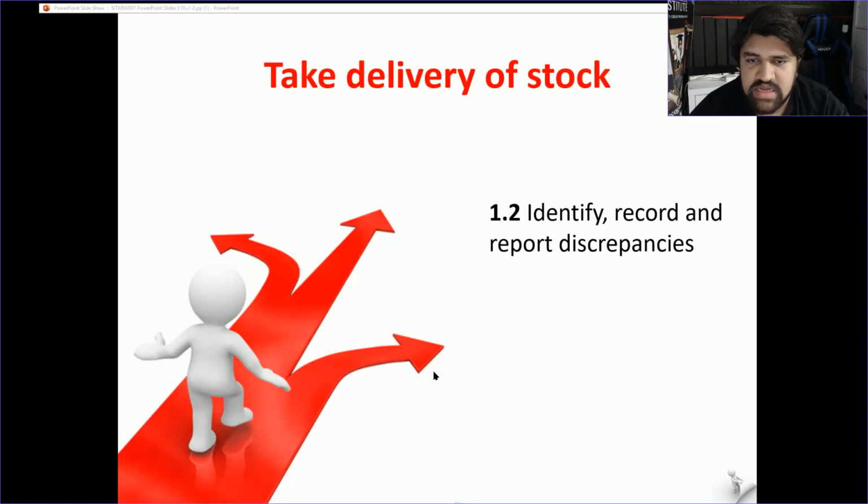So 1.2, identify, record and report discrepancies. This is very important, as if your delivery driver brings in 10 less products than you'd expect, and now you've paid for it and you didn't mark it down or check, now you've lost the money and you're on the hook for those 10 items that you missed out.